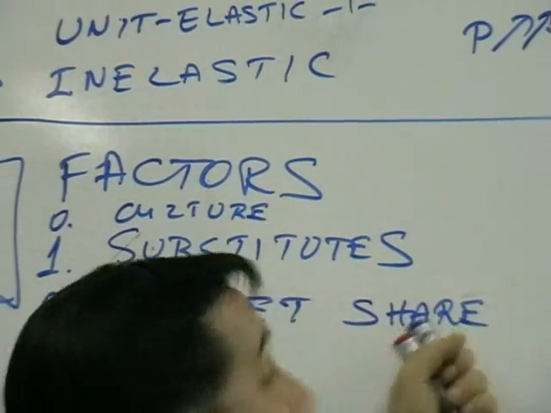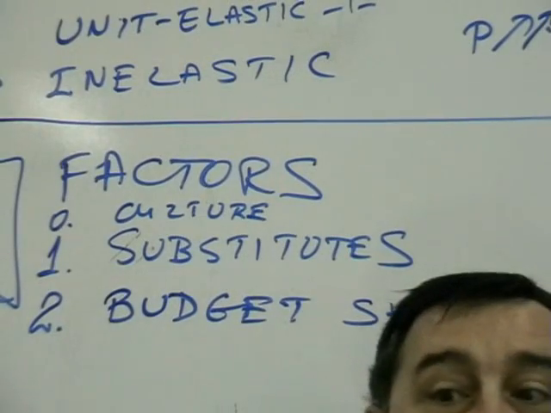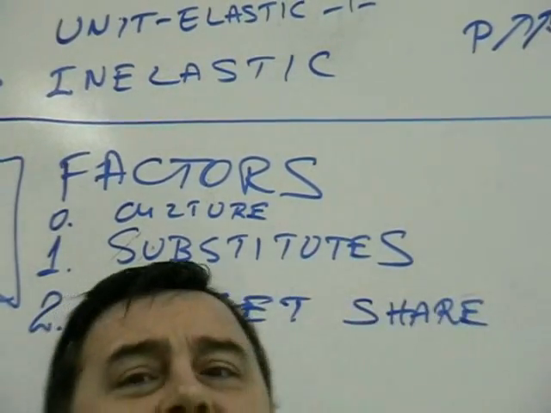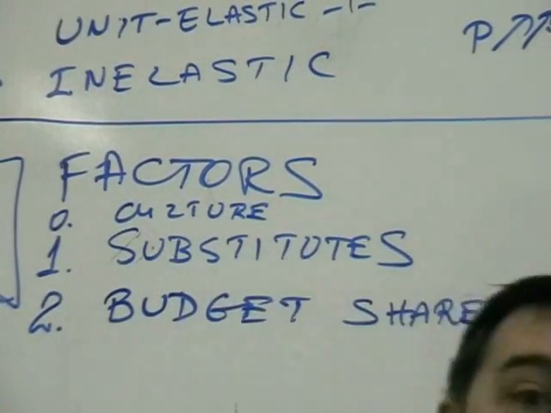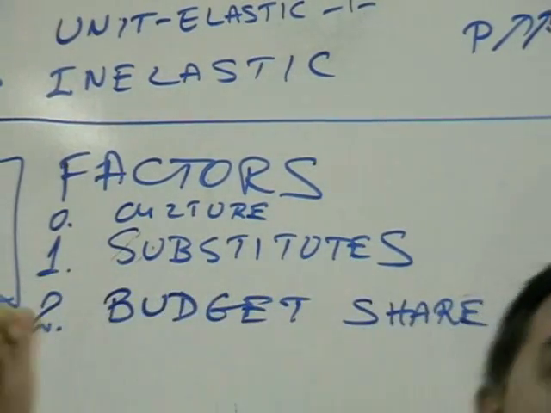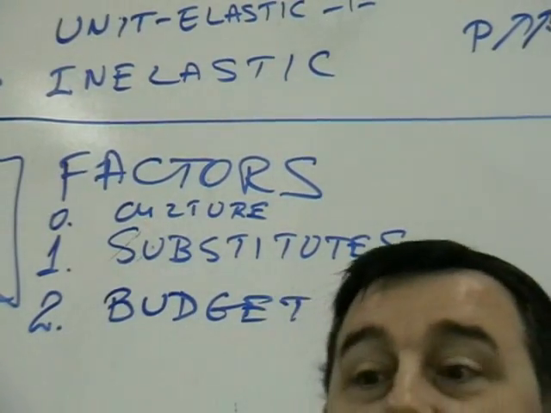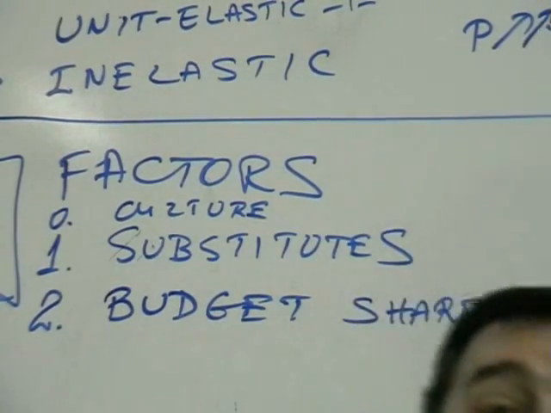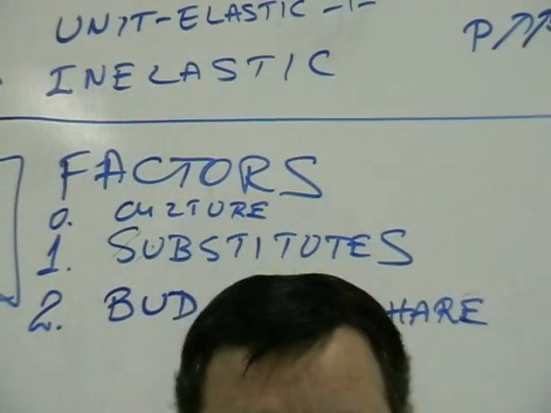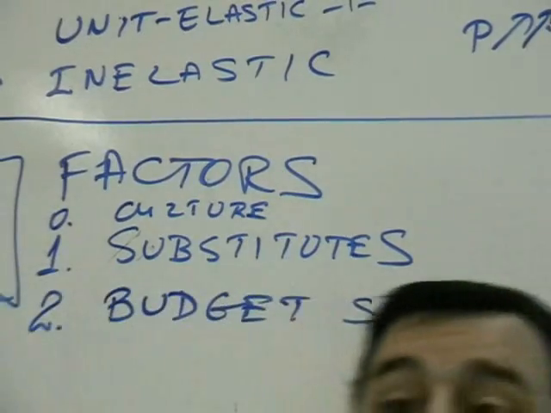Here in Saudi Arabia, the price of gasoline is so small relative to overall incomes that tomorrow the prices could be doubled and you still won't change much of your driving habits, right? Now, some of the poorest might. So, budget share is extremely important.